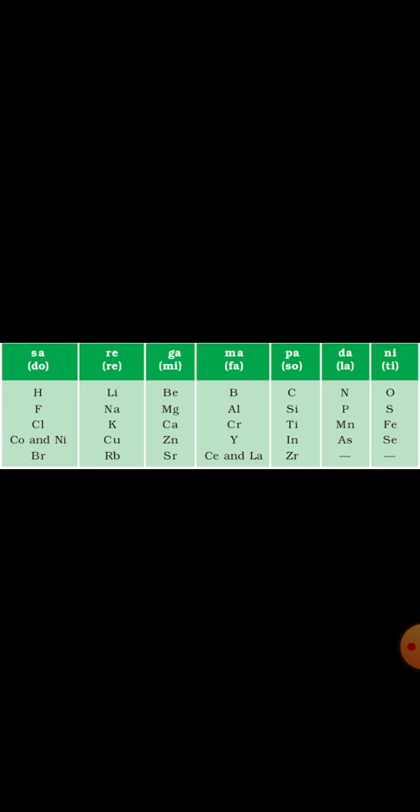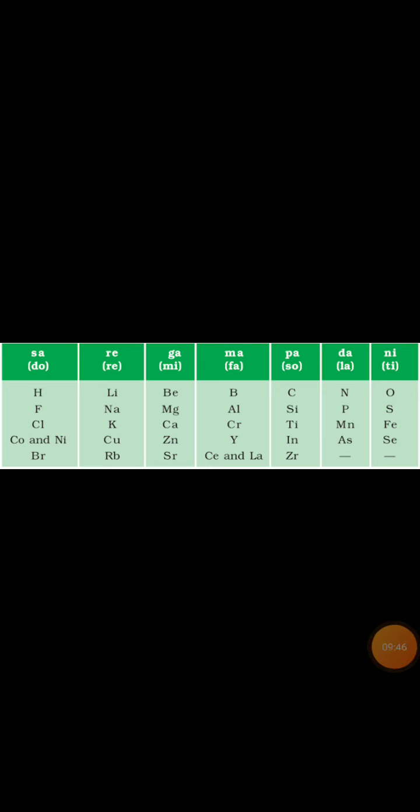So up to that only this law of octaves was found proper. After calcium, the elements which are present do not possess the same properties as the first. So this is the first limitation of Newland's octave. It was applicable up to calcium only.